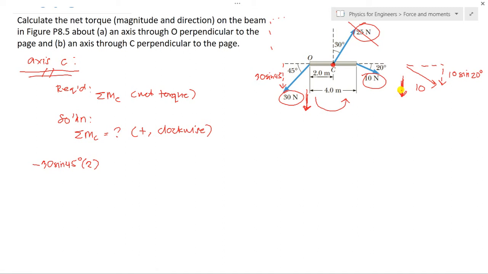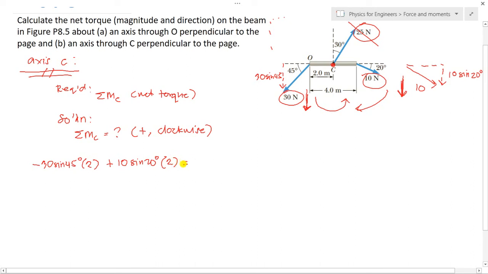Okay, clockwise. Since naraman atong axis letter C, so paadto siya pa clockwise. So that is positive 10 sine 20 degrees and its moment arm is it 4 or 2? Okay, 2. So 2 meters, that is equal to our summation of moment or the net torque at axis C.